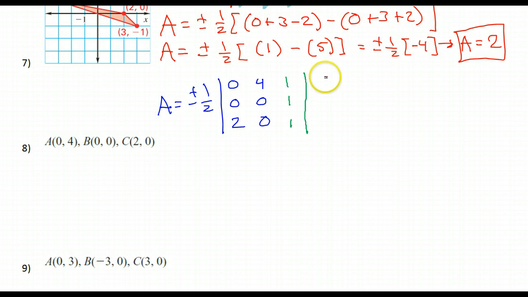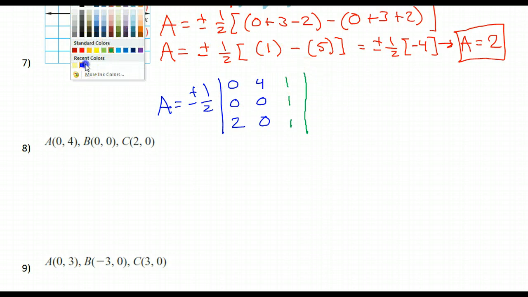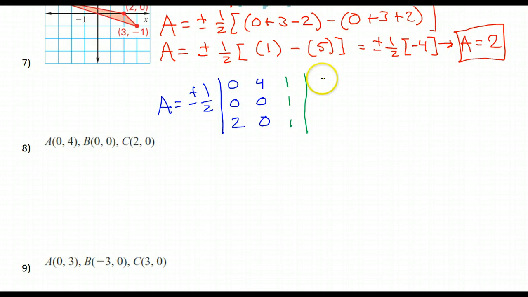Okay, and now I recopy the first 2 columns. So 0, 0, 2 and 4, 0, 0.